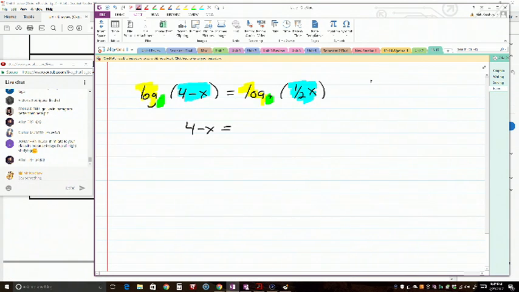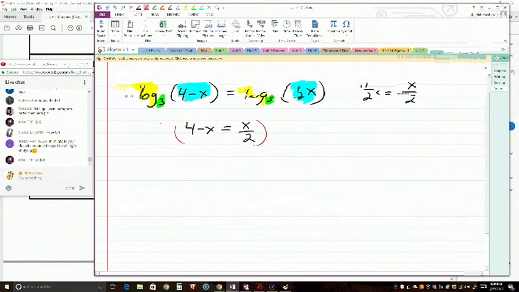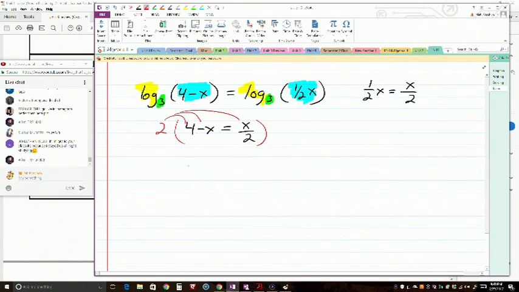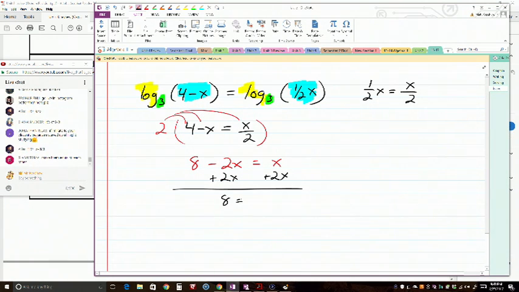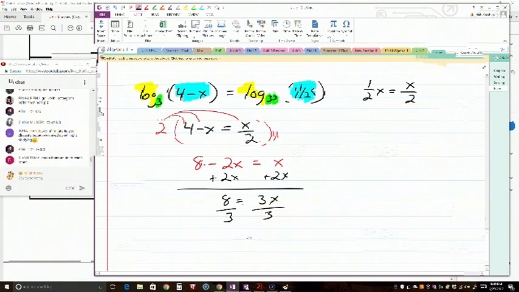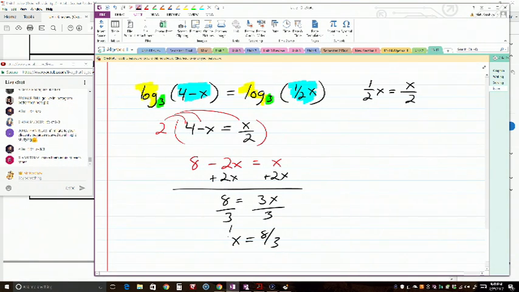And to make this easier, 1/2 x is the same thing as x over 2. And then what you can do to get rid of the fraction is multiply everything by 2. And so you end up with 8 minus 2x equals x. Eight equals 3x, divided by 3. So you get x equals 8/3. Alan was right. Alan should get bonus points.